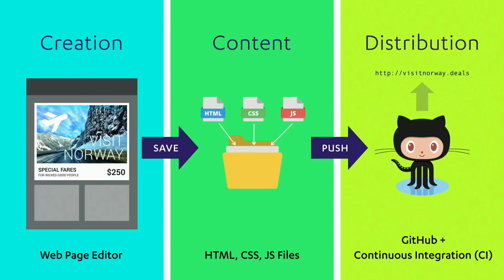Right? A Git repository, a shared folder system that tracks version history. And once you've checked in, there's something called continuous integration, or CI, which automatically says, hey, someone checked it in, it's the official master version. Let me bundle all this stuff together and then deploy either to the cloud or to a server.